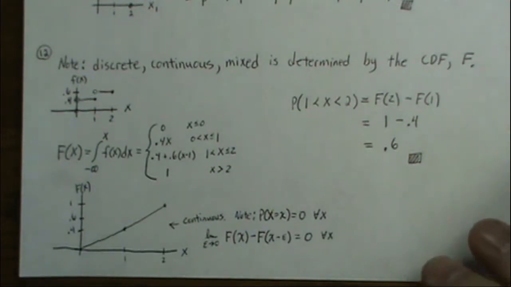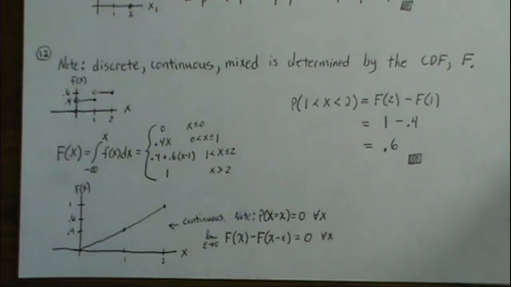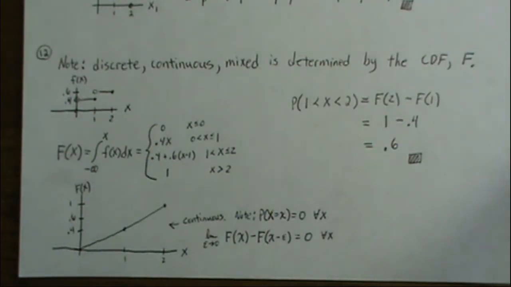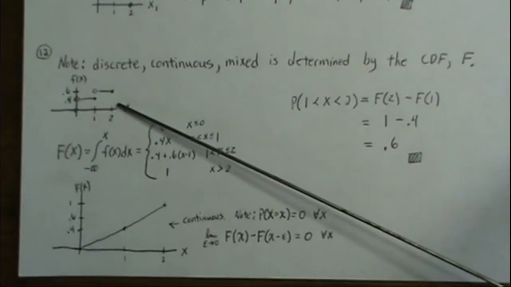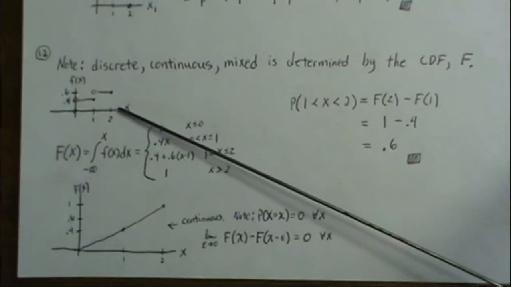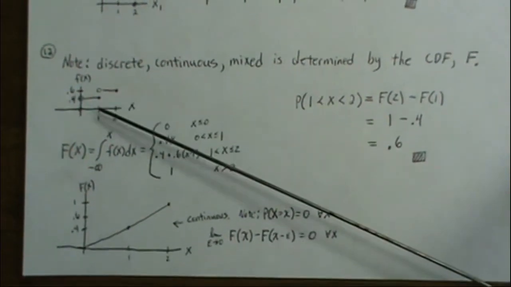And to determine if something is continuous or discrete, in probability and statistics, that's in terms of the cumulative distribution function. So looking at a PDF, probability density function, you can't always tell if it's continuous or mixed.